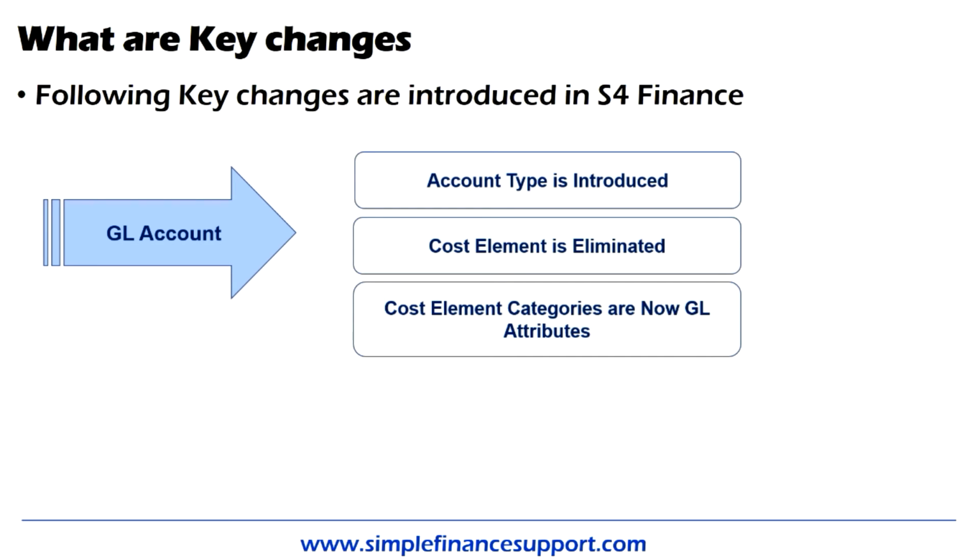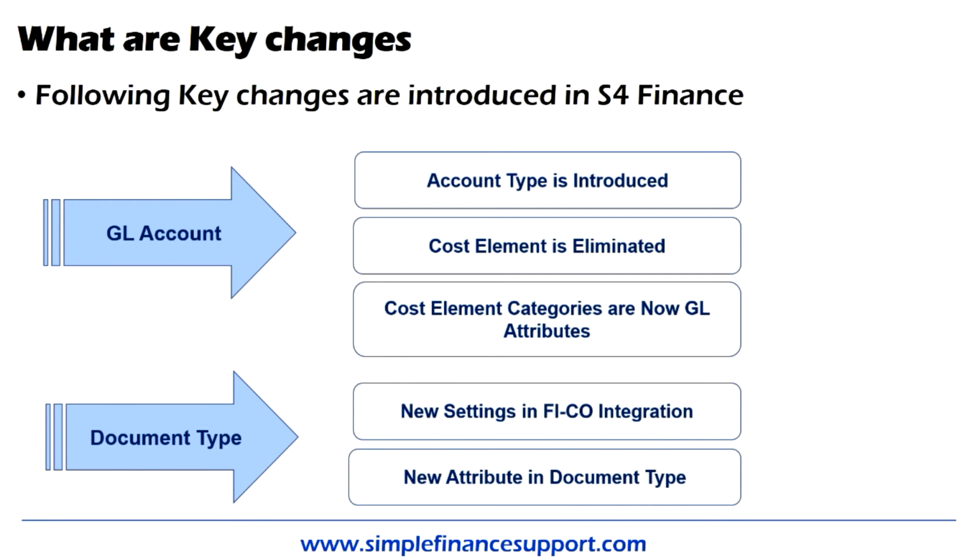Earlier there used to be only two types, either balance sheet or income statement account. Now there are two more types given: primary postings and secondary postings. And cost element is eliminated. Now there is no more cost element. The GL account itself holds the attributes of the postings, and cost element categories are now new GL attributes. We will look at them.